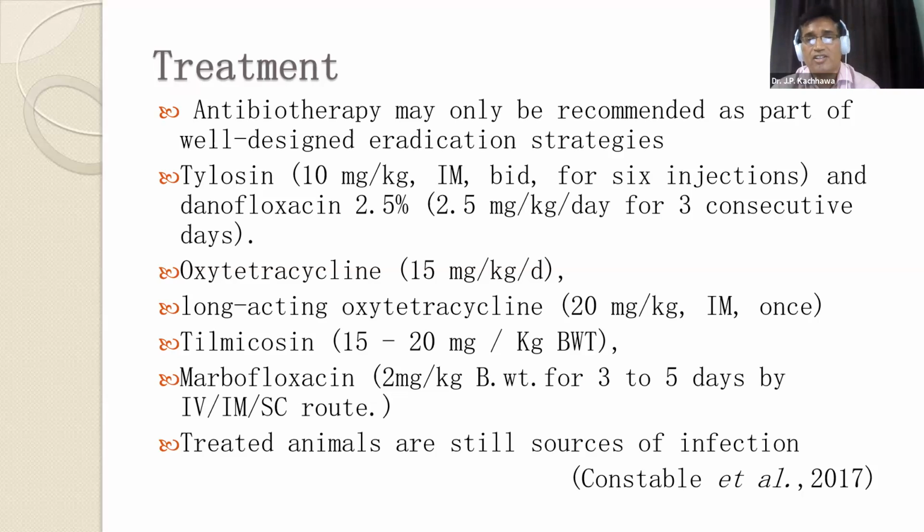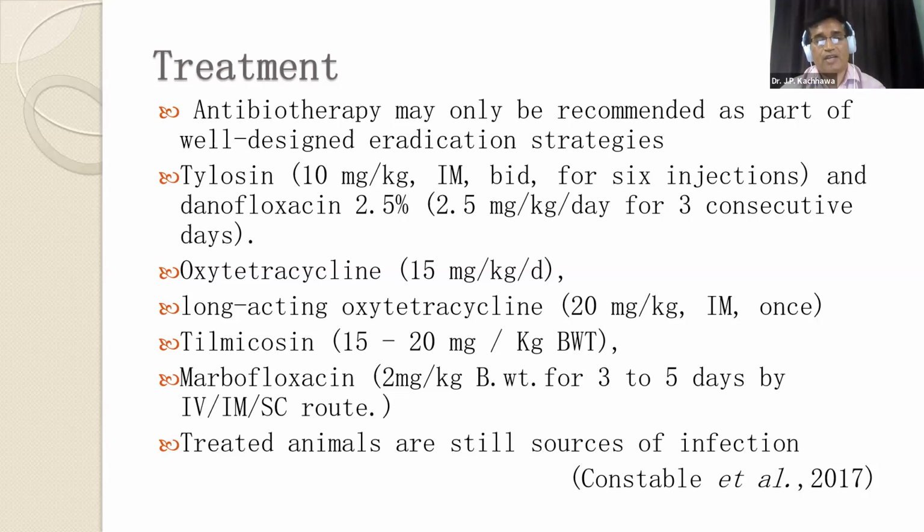So antibiotic residues in the meat and milk of these animals pose a great concern of antibiotic resistance in the human population. The indiscriminate use of antibiotics in food animals is a great concern all over the world. So it should be used judiciously and with a proper strategy to contain this disease.